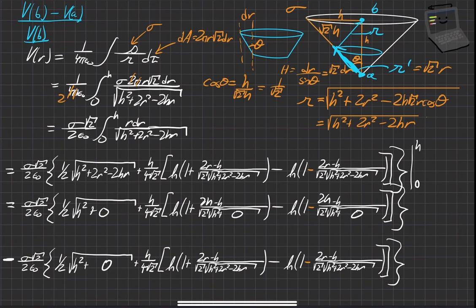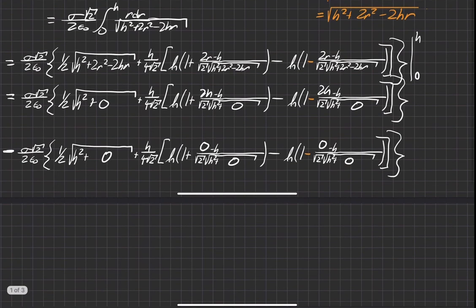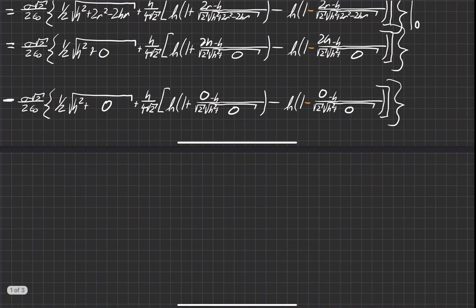As you can tell, this is where things start nicely collapsing down. 0, 0. Okay, now let's go ahead and start cleaning things up and start making things a little nicer. I'm just going to start doing some algebra, cleaning things up.